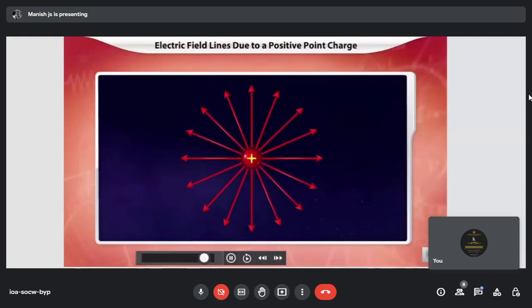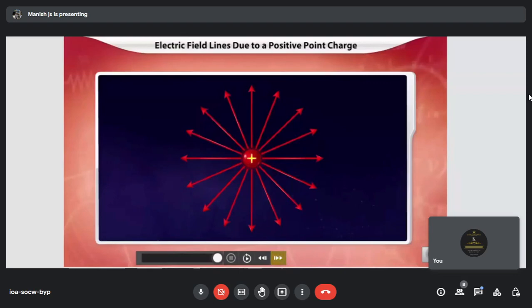Simply speaking, the electric field at a point is relatively stronger if the field lines are more crowded near the area under consideration. The electric field lines are more crowded near a charge compared to a region away from the charge, indicating that the electric field intensity decreases as we move away from the charge.